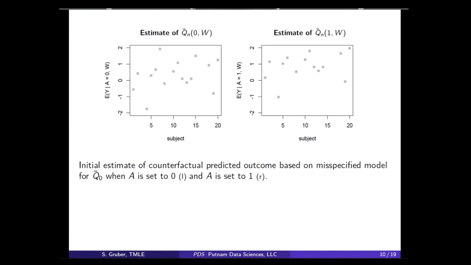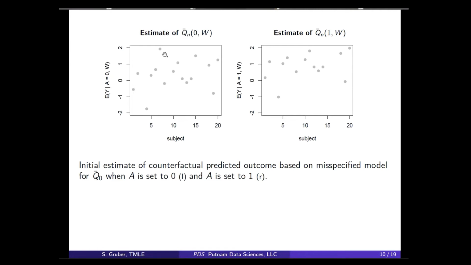Here's a picture. I generated some data, 500 subjects, and here's the first 20 subjects. And then I fit an unadjusted initial regression model, and I'm just plotting the y-hats from the model when A is set to 0 for the first 20 people. So for this person, the model predicts that their outcome is, what, negative 0.7 or something.